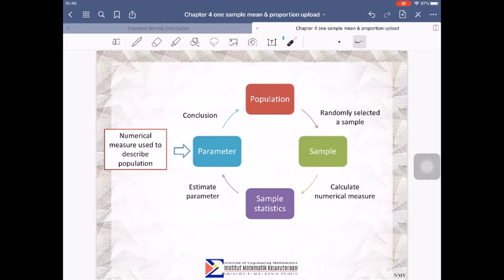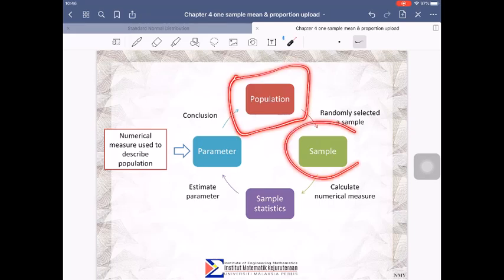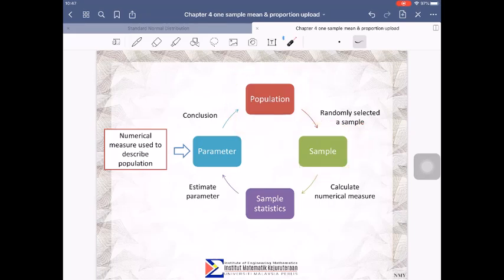Before that, in chapter 4 you need to be familiarized with the terms population and sample. We have gone through what is the meaning of population and what is the meaning of sample in chapter 1. So from a population we're going to randomly select a sample.